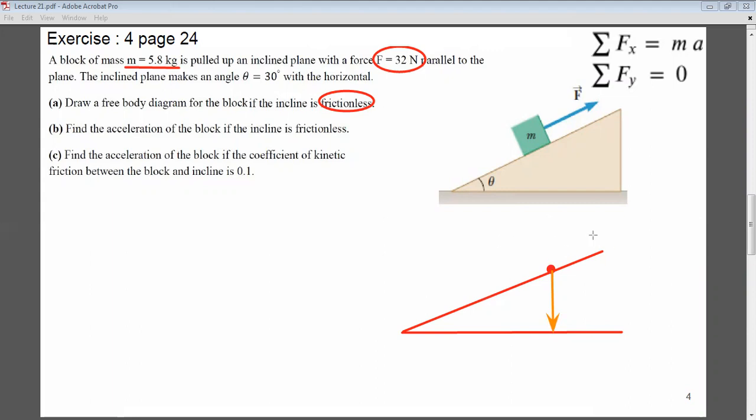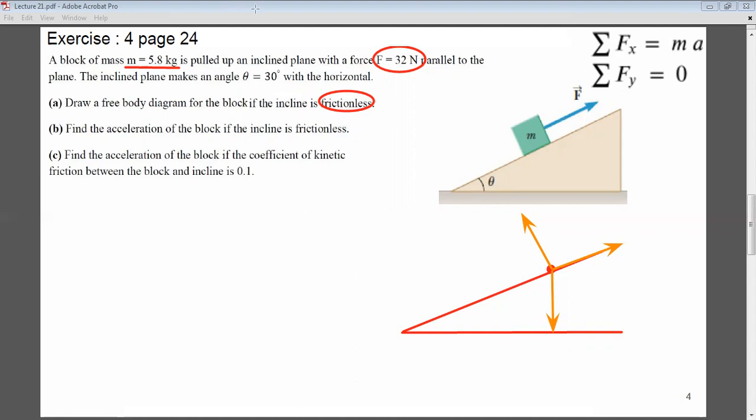Then it has a surface, so there is a normal force perpendicular to the surface. Okay. Now there is this F force also upward along the incline. So I will draw it like this. It's up on the incline. It's frictionless, so there is no other force. Okay, there is no rope, so there is no tension. Okay, there is no friction.